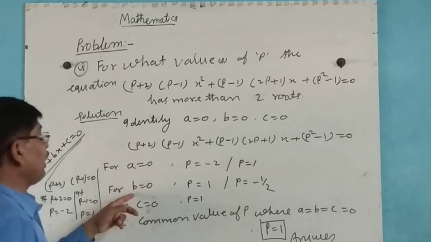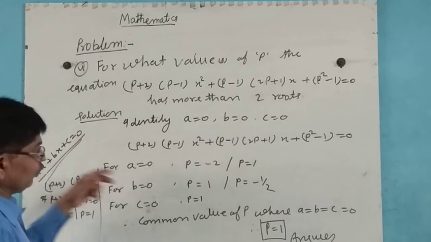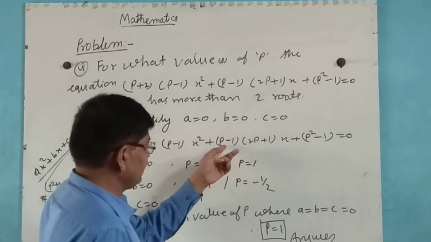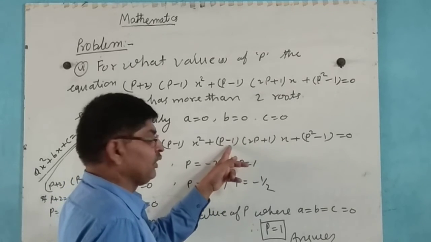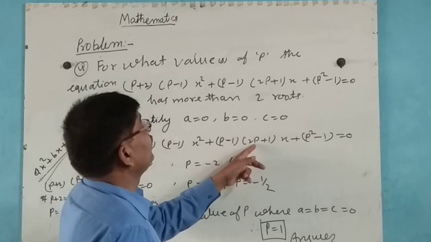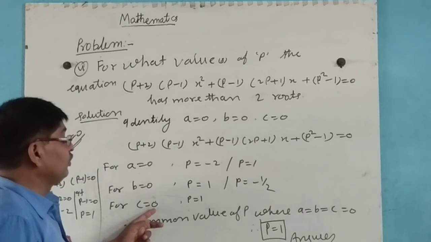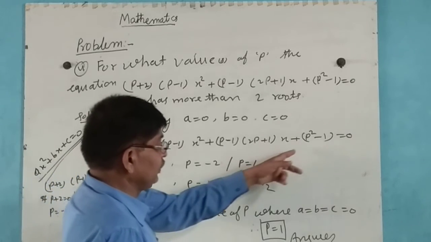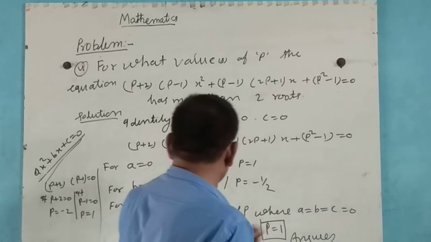Now for b equal to 0, b is the coefficient of x, so (p minus 1)(2p plus 1) equal to 0. p minus 1 equal to 0 means p is equal to 1, and the other factor gives p equal to minus half. Similarly for c equal to 0, this becomes 0, so that p is equal to 1.